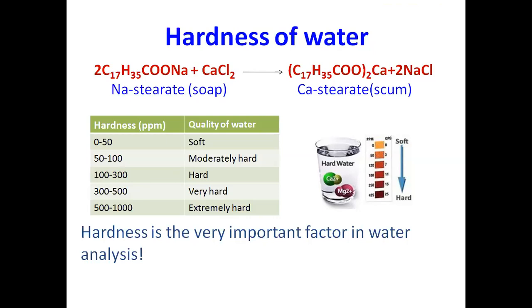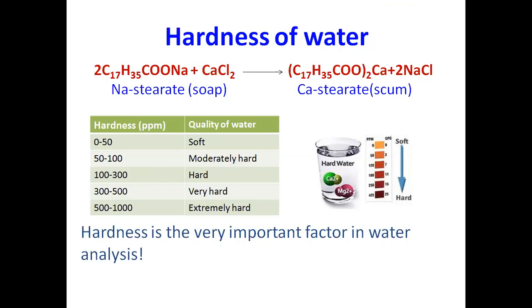We complexed Ca++, that is, bivalent metals like magnesium and calcium were complexed by EDTA. So we complexed using EDTA, and hardness was calculated in terms of parts per million, as everyone knows.